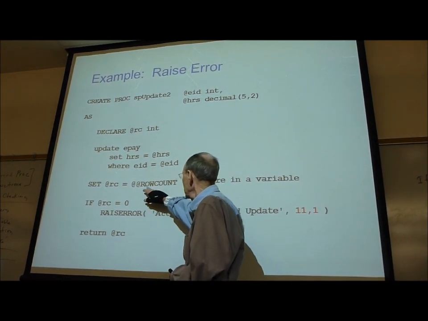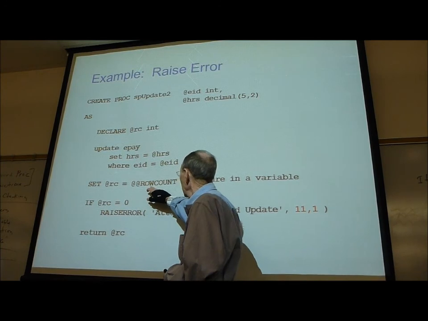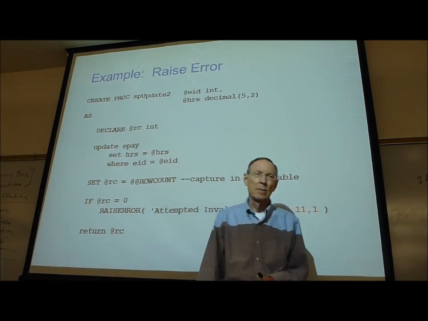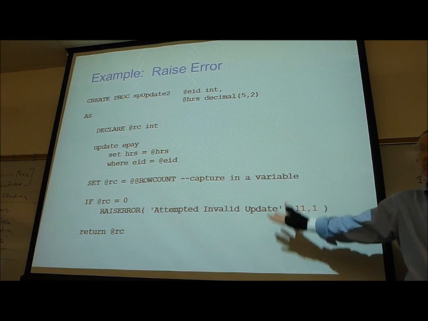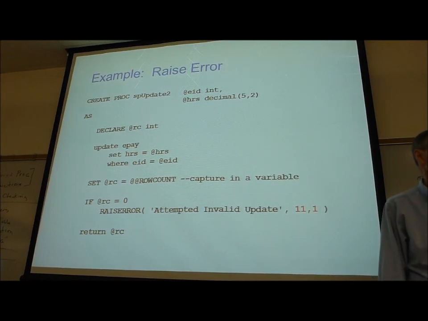The number of rows that got updated get put into this system variable called row count. So if I had some kind of an error like I had in this other one, if I'd been trying to update record number 1, 2, 3, this procedure would have run and said, fine, thank you, you're doing great.